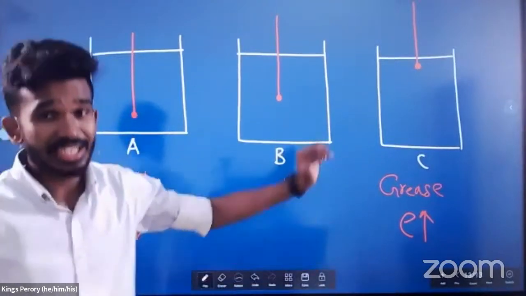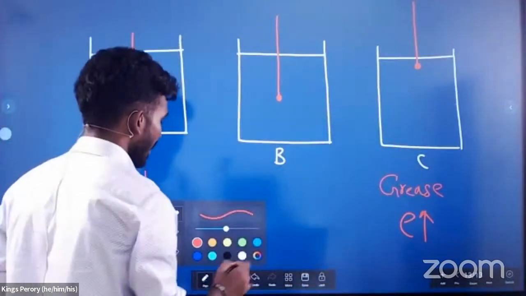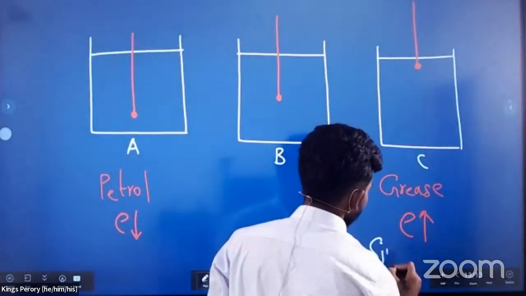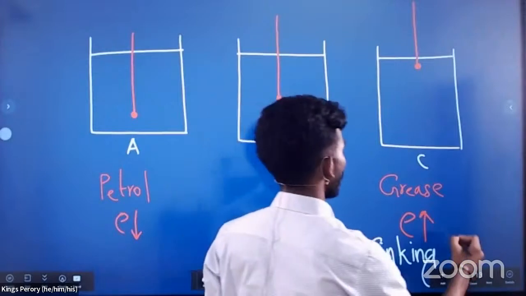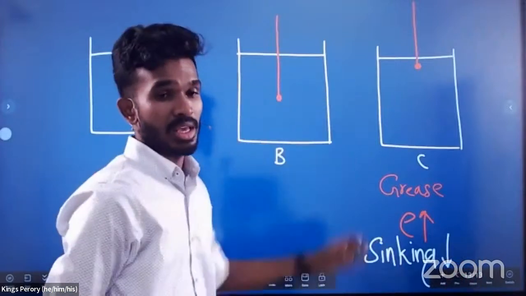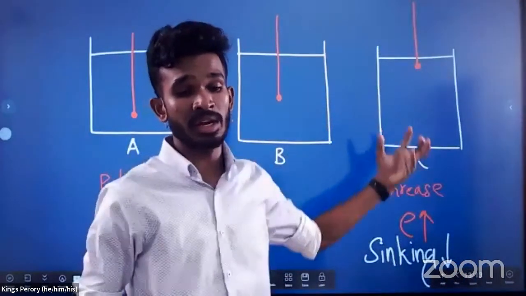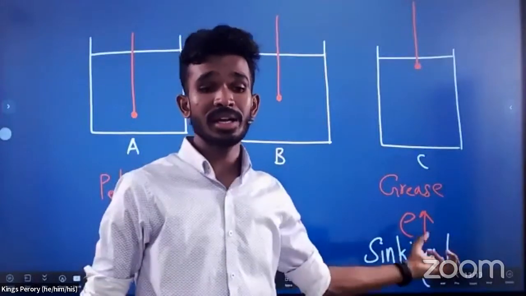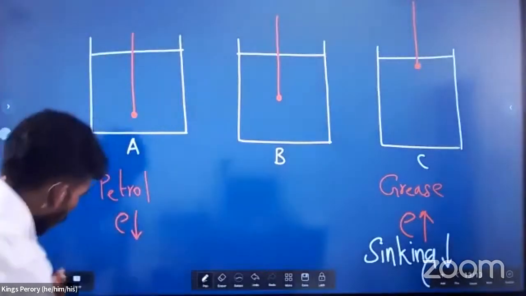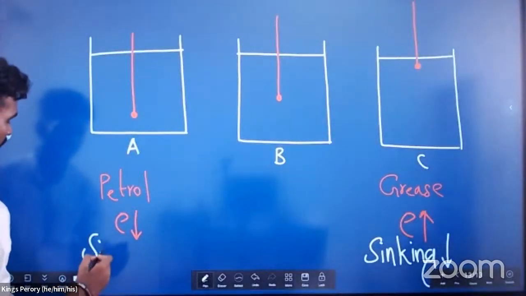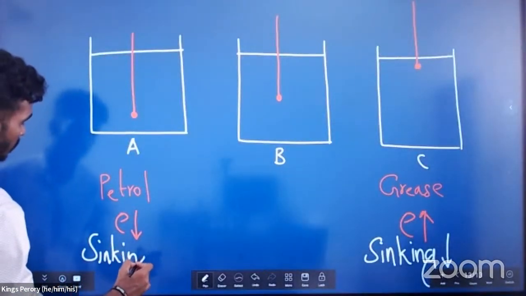When the density is high, sinking of the hydrometer is less. In a high dense liquid, the hydrometer sinks less. In a low dense liquid, the hydrometer sinks more.